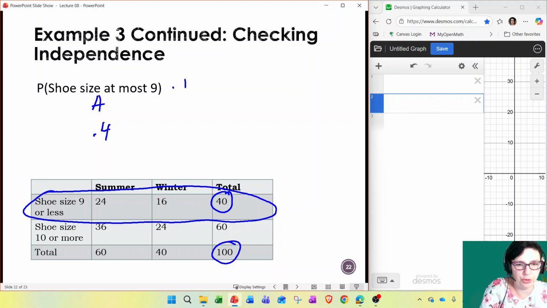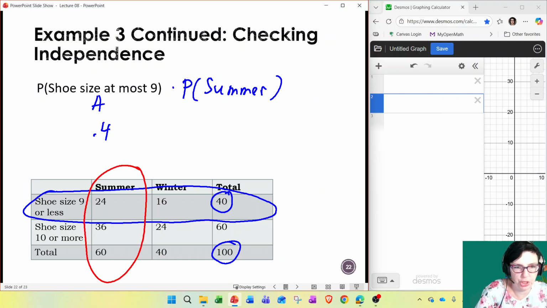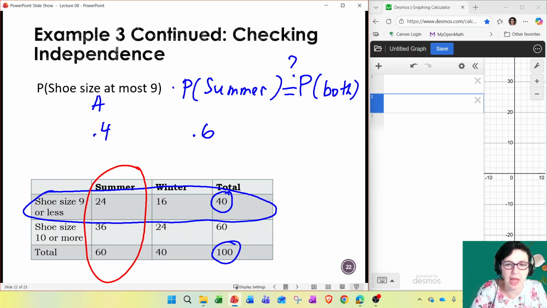Now, B is going to be the event that you prefer summer as a season. So what is summer? Well, summer is over here. What's the chance of summer? That would be 60 divided by 100, and that's equal to 0.6. Now, is that equal to the probability of both? Well, what does "both" mean? That's the "and" probability.